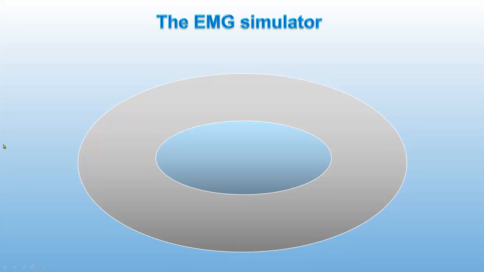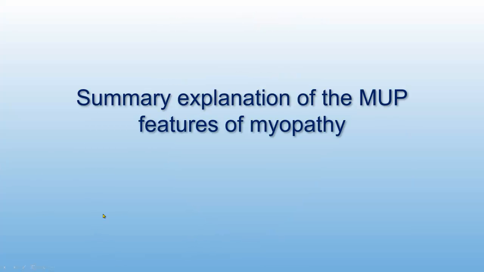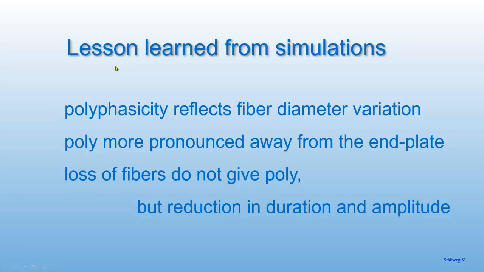So then we go back to the figures here and make a summary explanation of the motor unit potentials of myopathy. The lesson we just learned is that polyphasicity reflects fiber diameter variation, which we see in muscle biopsies. Polyphasicity is more pronounced away from the end plate, and loss of fibers do not give a polyphasicity, but only reduction in duration and amplitude.